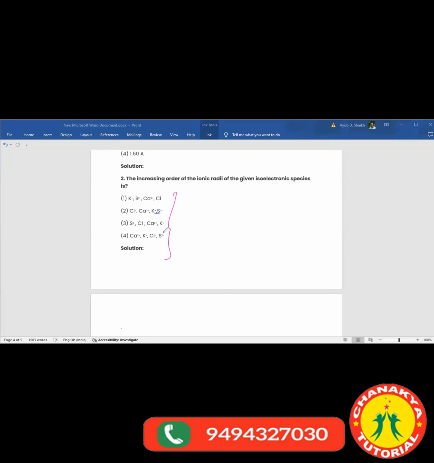Ma'am, whatever ions are given, they have the same number of electrons but different ions. Okay.